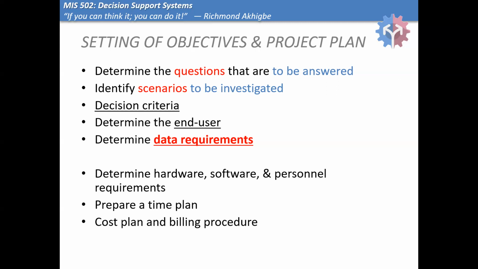So if I don't see clearly the questions that have to be answered, it means there's a problem. After your general statement, okay? After problem definition, the next section must address that these are the questions we are trying to answer. And then there must be a section saying that this is the scenario to be investigated.